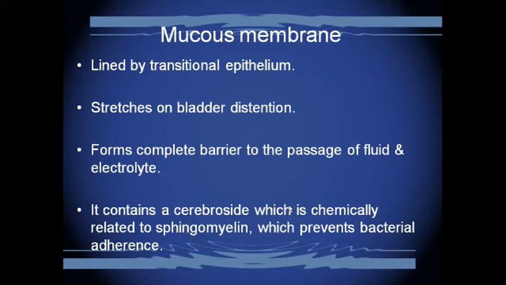It forms a barrier to the passage of fluid and electrolyte across, and it contains a special cerebroside which is chemically related to sphingomyelin to prevent bacterial adherence and infection. So unless there is a breach or other reasons like a foreign body or any trauma to the bladder or catheter induced trauma, this cerebroside will prevent bacterial adherence. Whenever there is a breach in the mucosa, there will be bacterial adherence and infection.